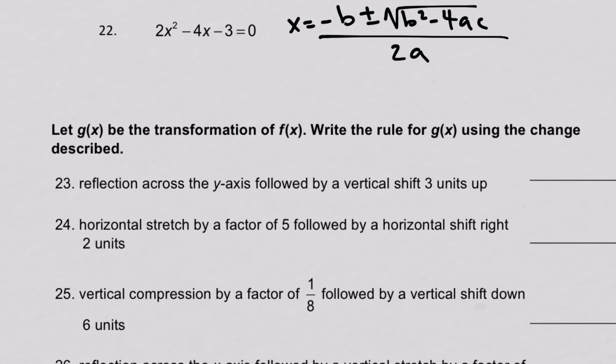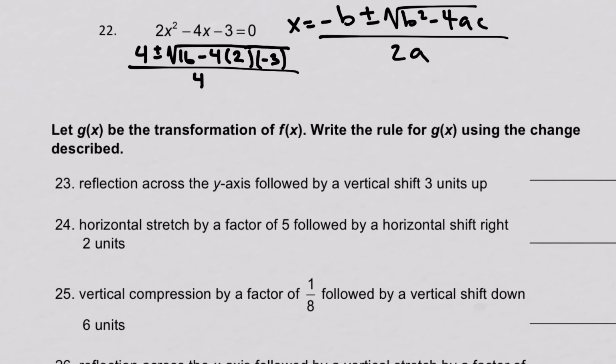We're going to get negative b, which is negative 4, so positive 4, plus or minus the square root of b squared. B is negative 4, squared is 16, minus 4 times a, which is 2, times c, which is negative 3, all over 2a, which is 4. 2 times 2 is 4.